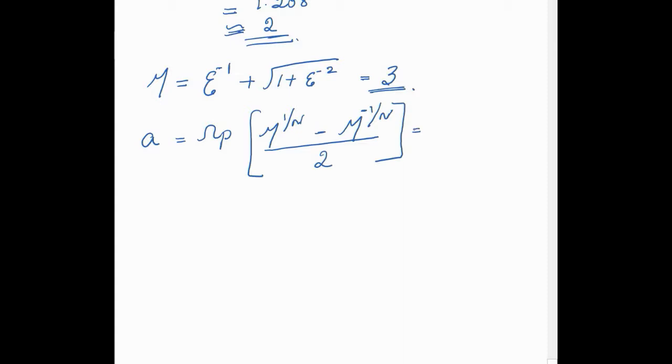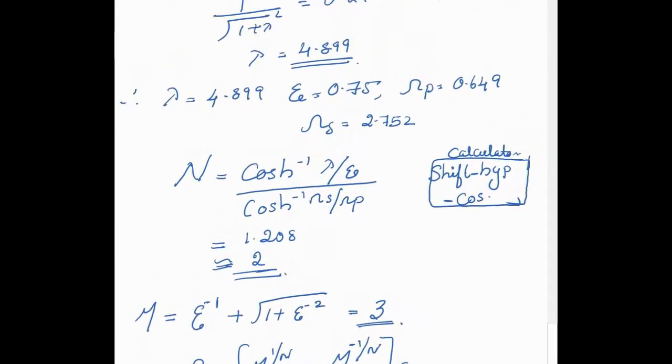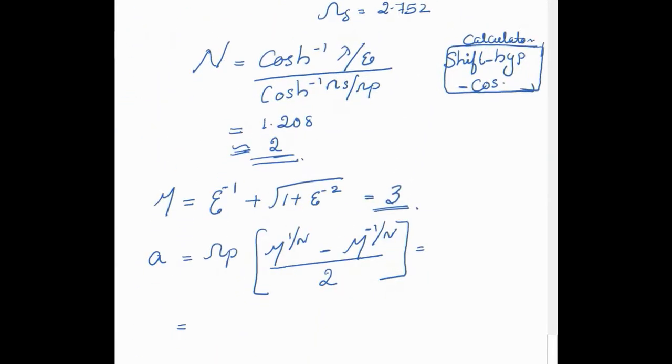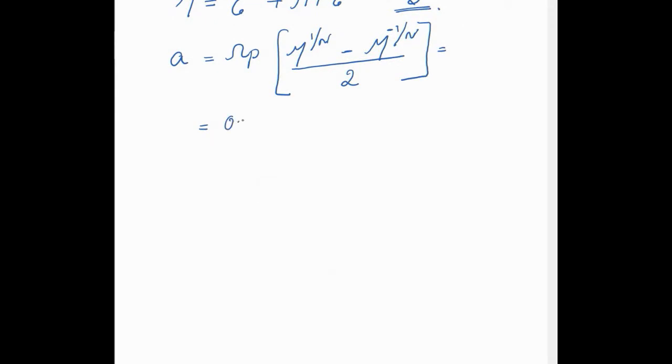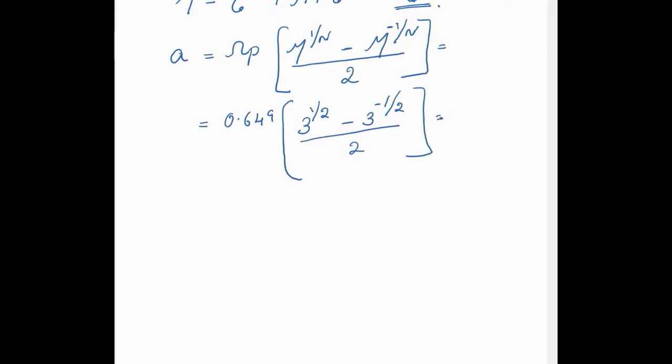Substituting the value of omega p as 0.649, and mu as 3 raised to 1 by 2 minus 3 raised to minus 1 by 2, divided by 2, your value will be equivalent to 0.3752.